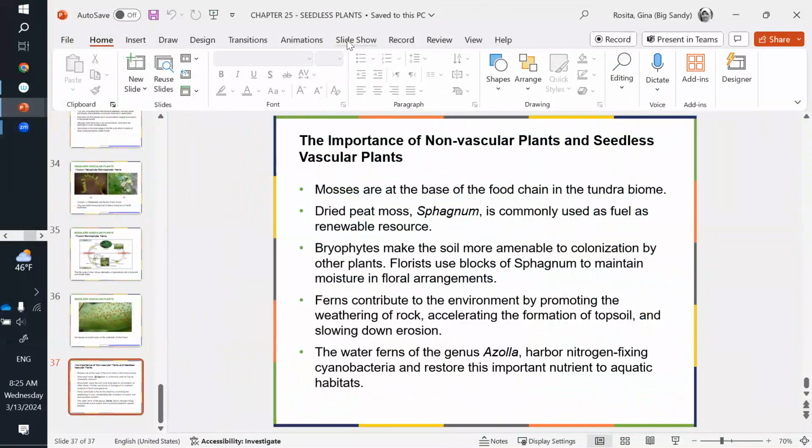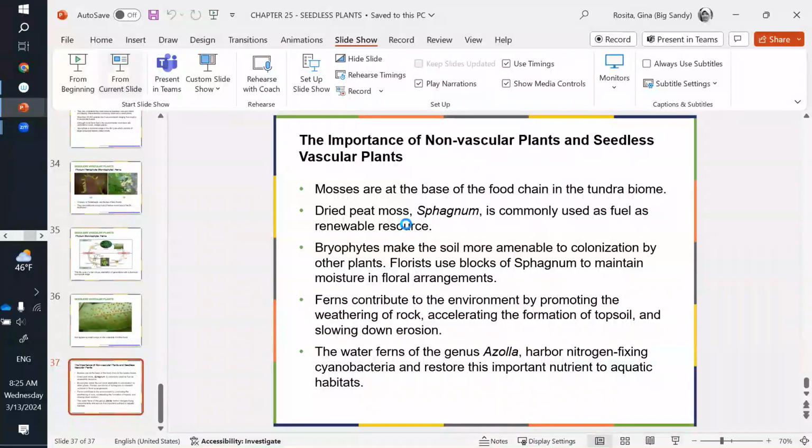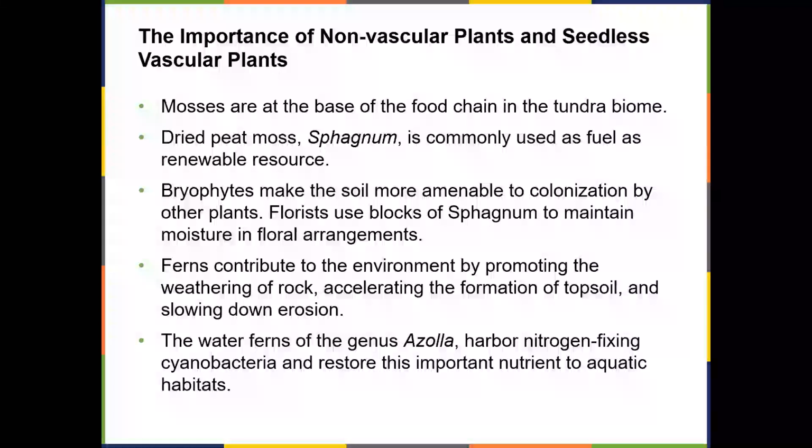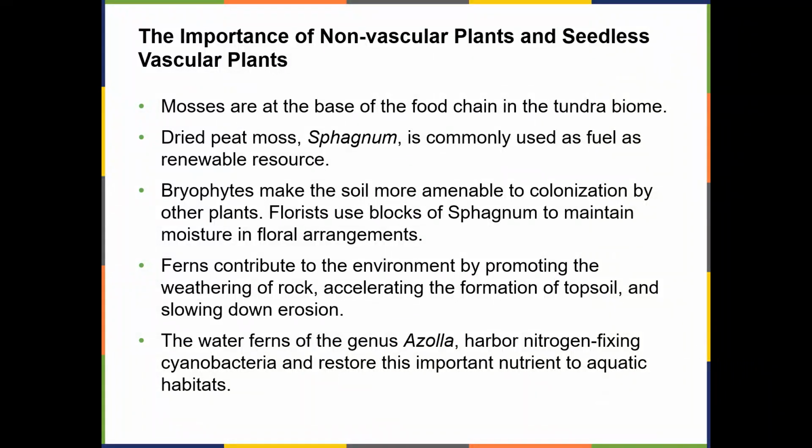So these are some benefits of non-vascular plants and the seedless vascular plants. We know mosses are the base of food chains in the tundra biomes. We already mentioned this one in the classroom.